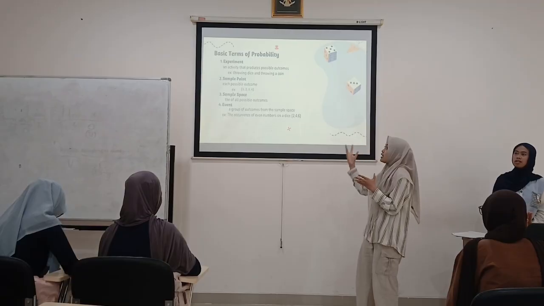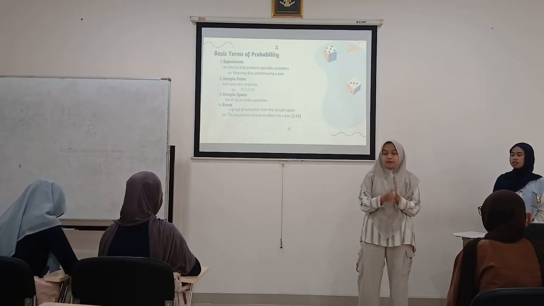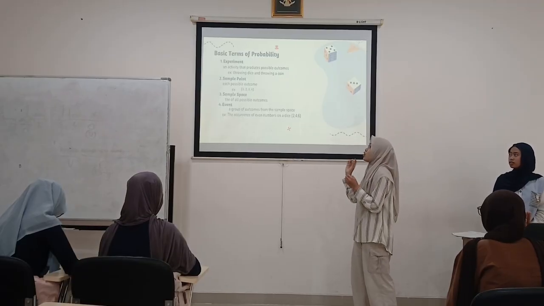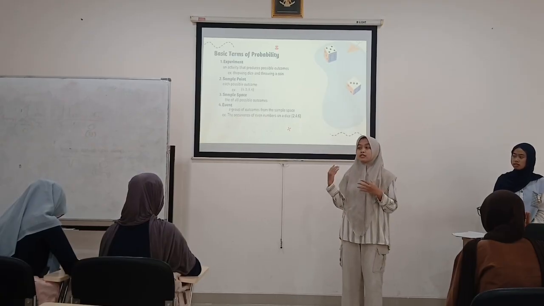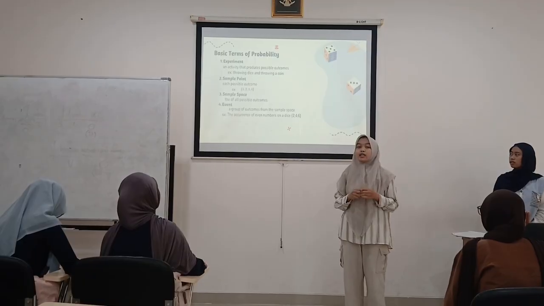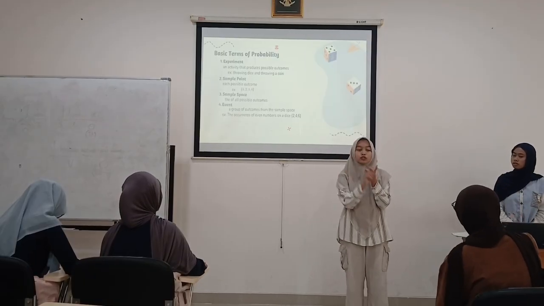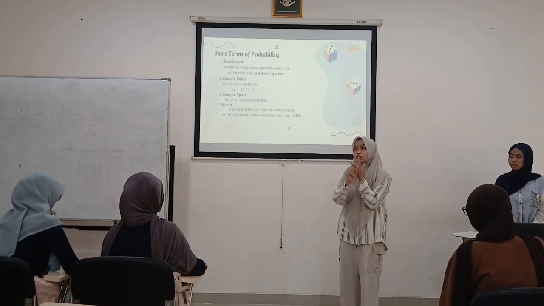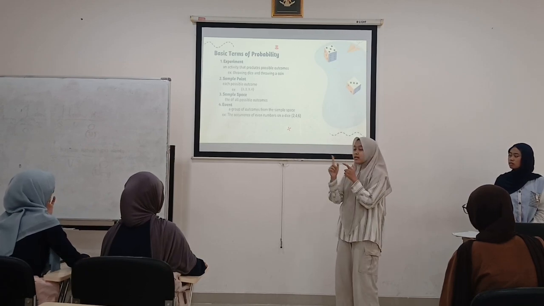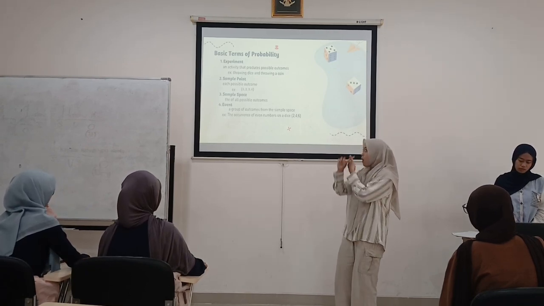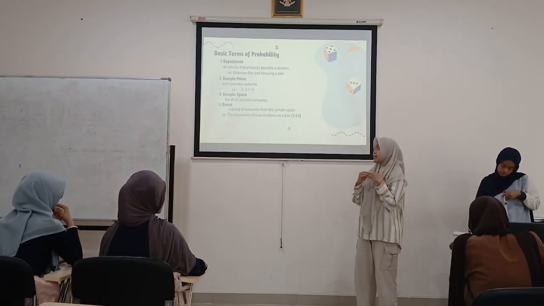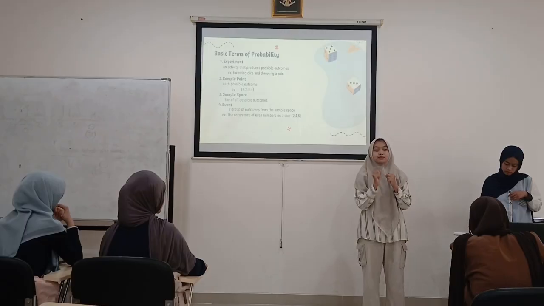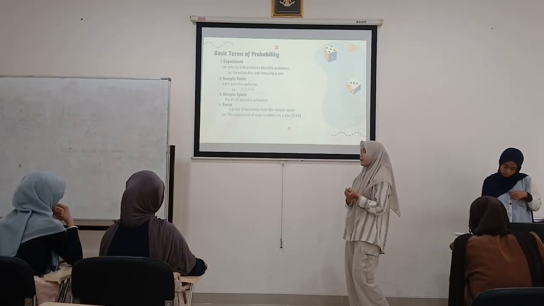The sample point is each possible outcome. The sample space is the set of all possible outcomes. For example, if you throw a dice, the sample points are only 1, only 2, only 3. The sample space is 1, 2, 3, 4, 5, and 6. The sample point is a specific possible outcome.